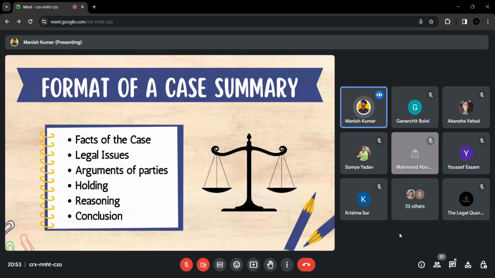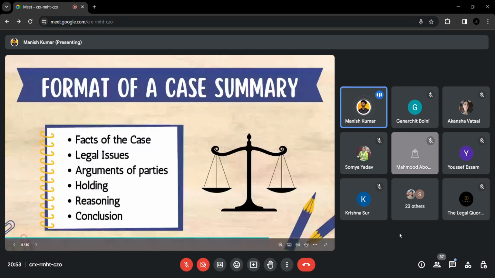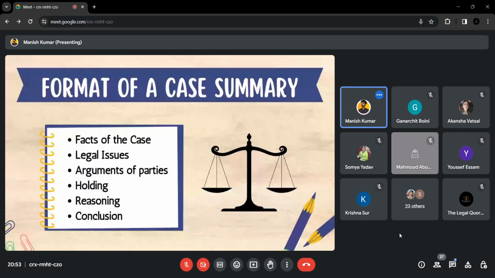Lastly, in conclusion, you have to basically summarize what was concluded in that case, what was held in that case, in a very summarized form. And here you can add your analysis as well. Like, what do you feel about this particular judgment?